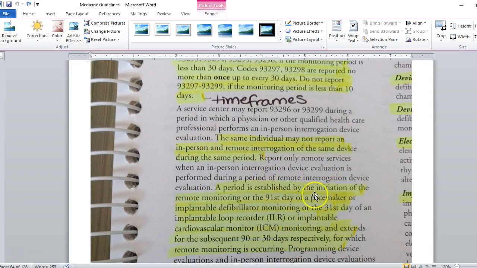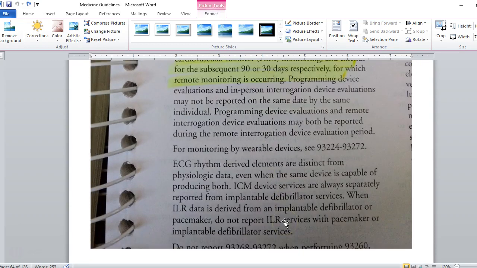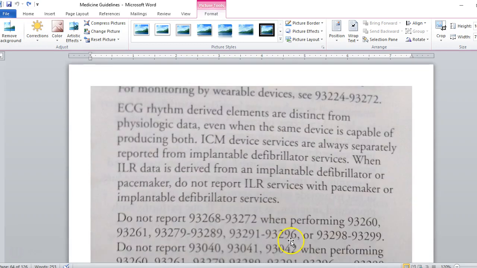So again, they're telling us pacemakers and ICDs are going to start on the 91st day and go for another 90 days. The implantable loop recorders and implantable cardiovascular monitors start on the 31st day after implantation and go for an extra 30 days. So again, we want to kind of keep in mind what is included.